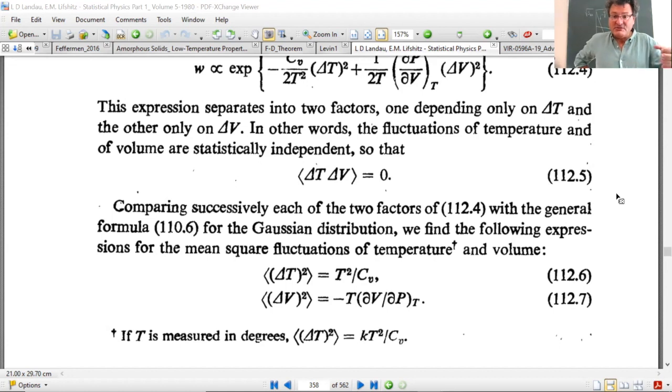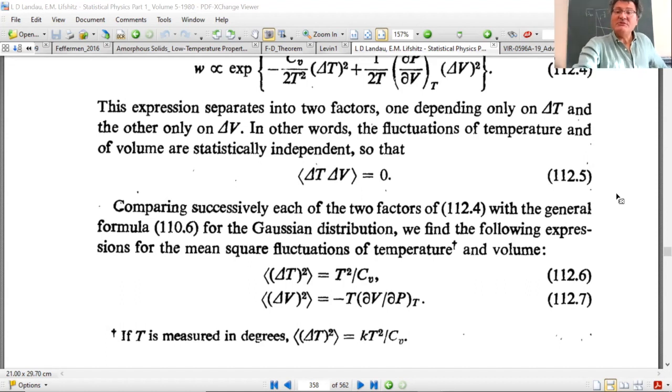Since our system is not isolated, it can give and take energy from the environment. So definitely the temperature is not constant, but also the volume. If we fix the volume, the number of particles occupying a certain amount of volume in space is fluctuating because the system is not isolated. So these two quantities, the temperature and the volume, fluctuate.